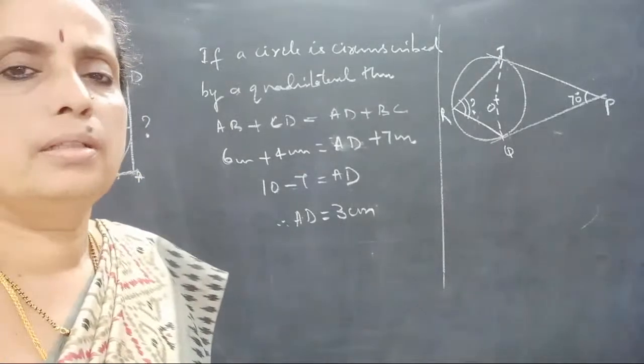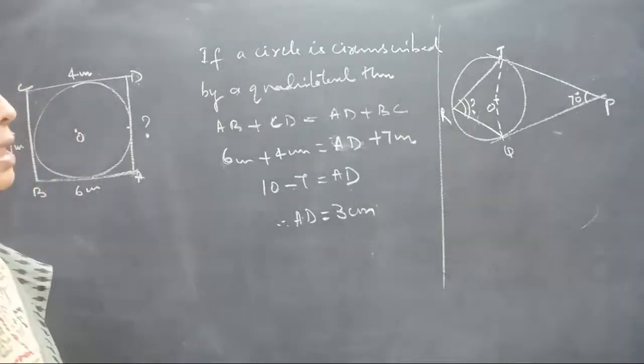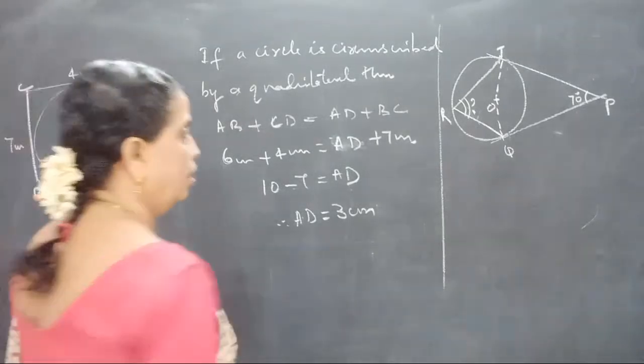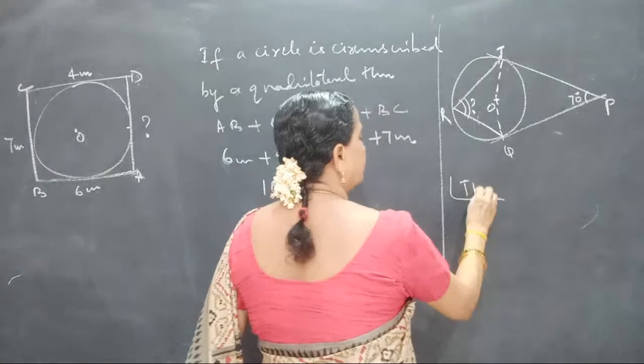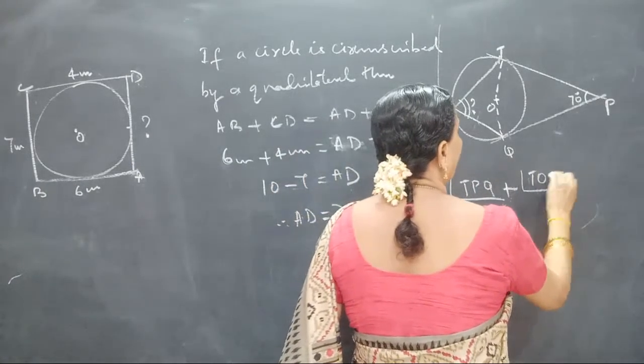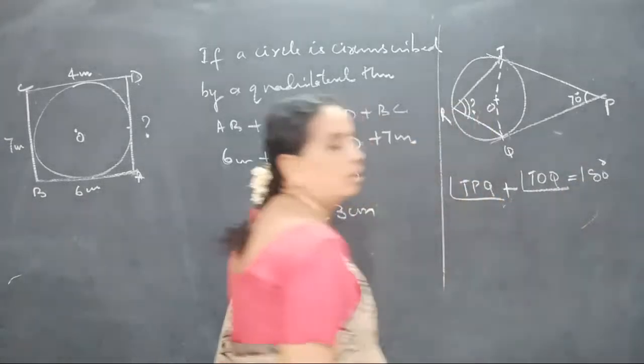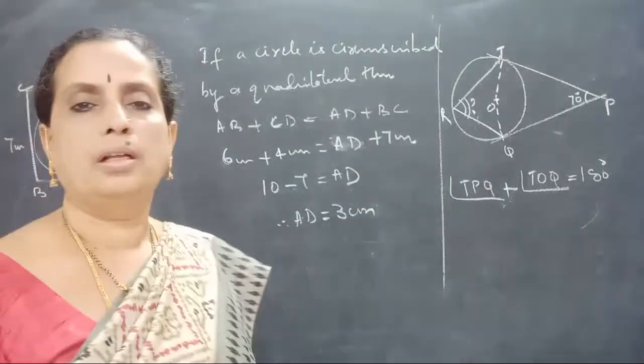Is it clear? Angle TPQ is 70 degree. Angle TPQ plus angle TOQ equals 180 degree. Do you agree?